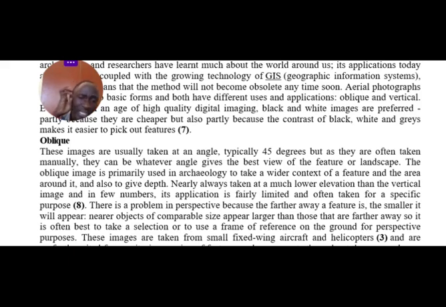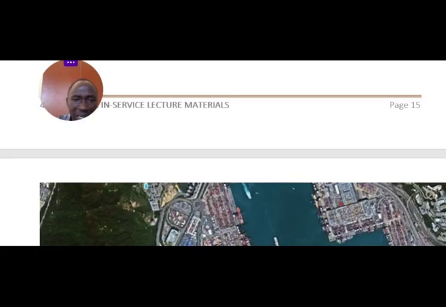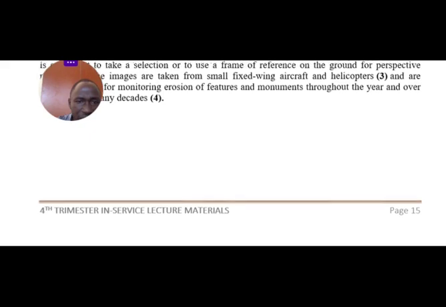In other words, it can capture images nearer once the camera is twisted at an angle of 45, compared to vertical aerial photographs where you capture information vertically at an angle of 90 from the helicopter or from the plane. So that is what we have termed as the aerial oblique.